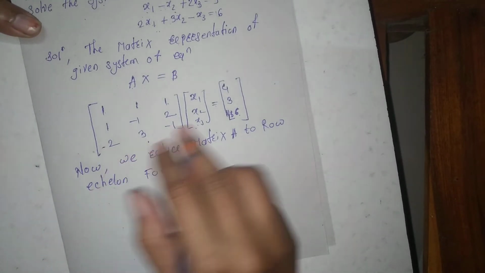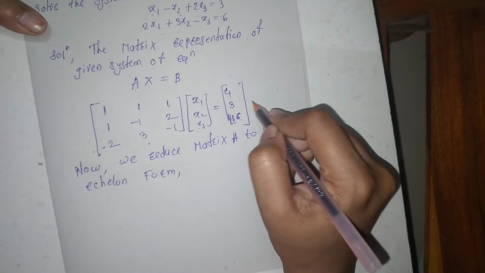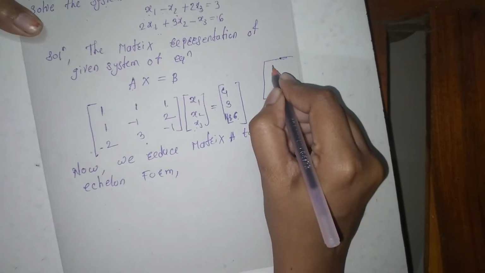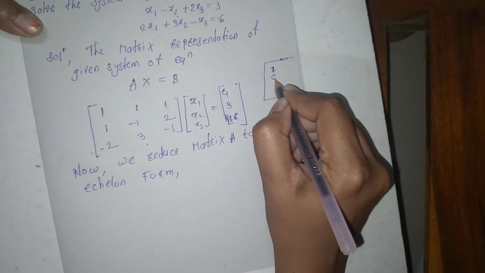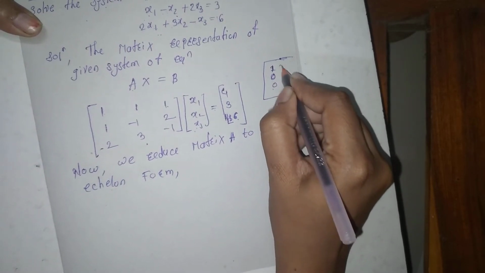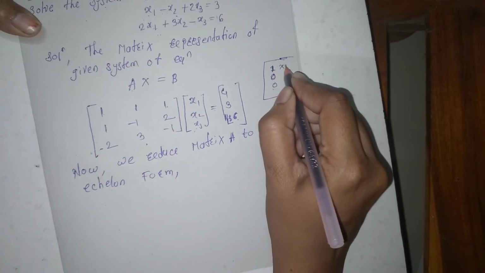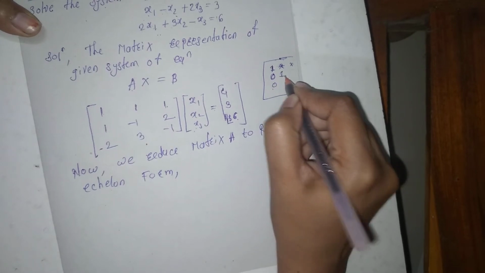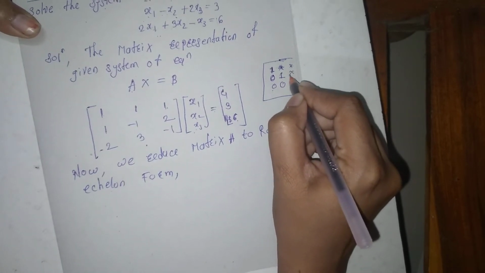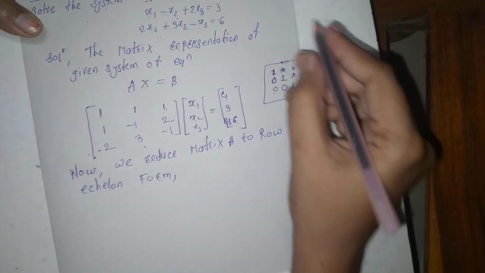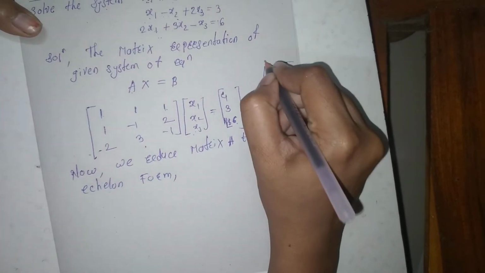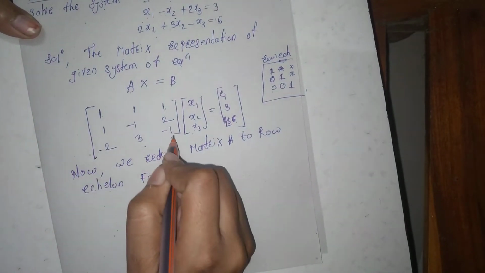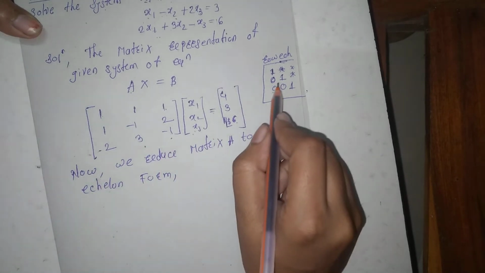In row echelon form, the first row has a leading element, the second row has 0 in the first position and then any element, and this is called row echelon form. That means matrix A is reduced to row echelon form.